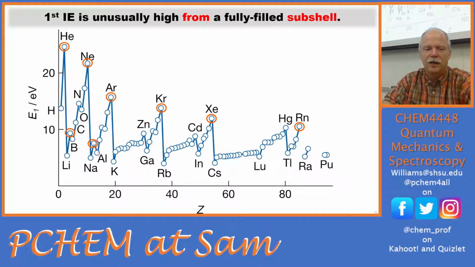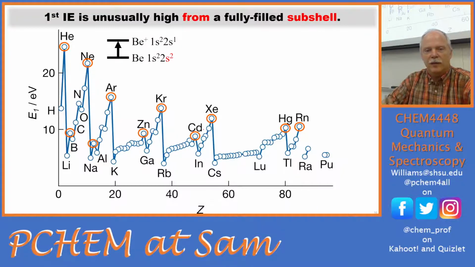So what's going on here? Well, this beryllium and magnesium have fully filled s subshells, and so they're a little higher than we would expect. And the same with the zinc and cadmium; those are fully filled d subshells, and they're a little bit higher than we expect. And mercury is a fully filled d.